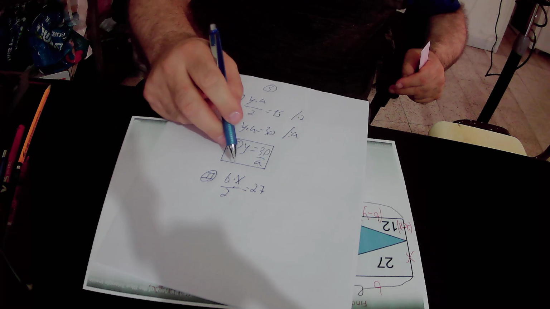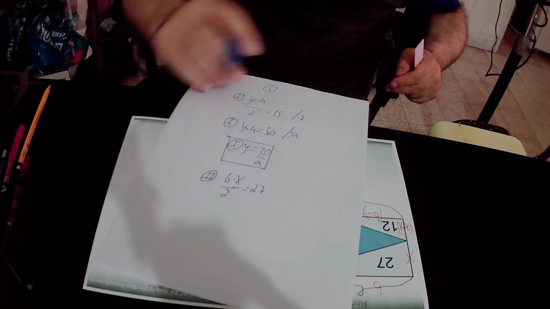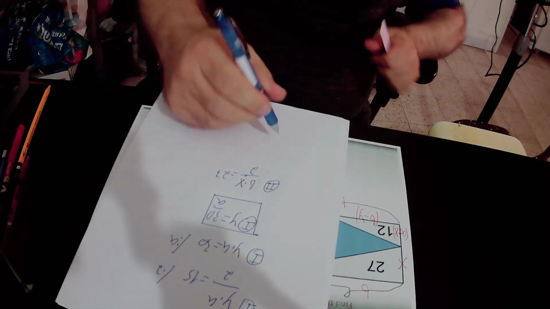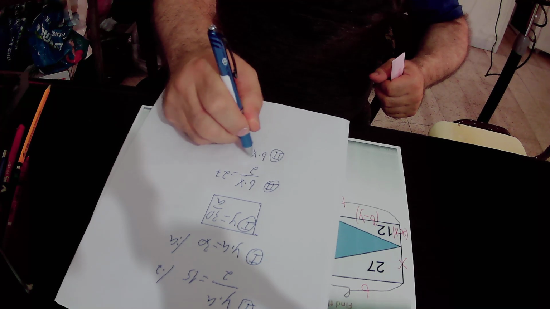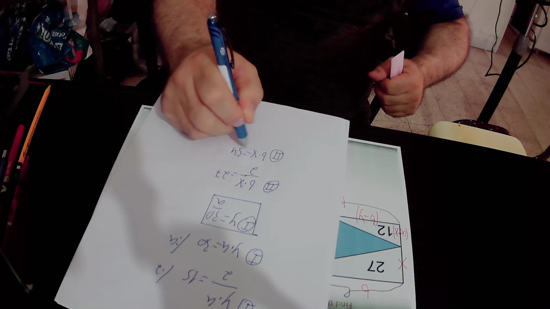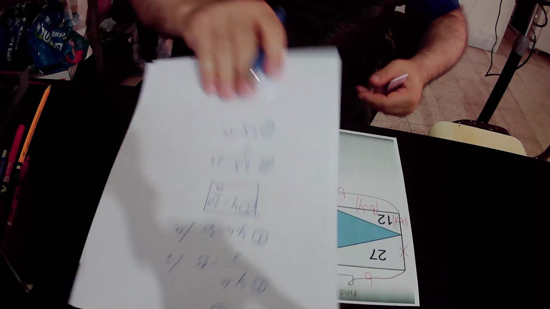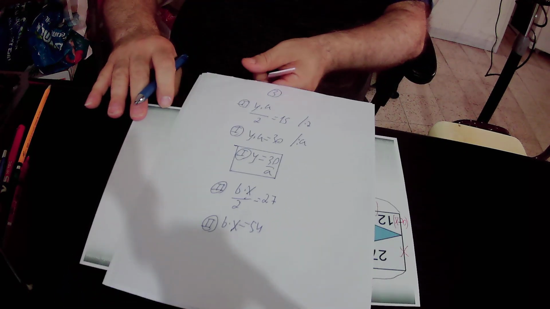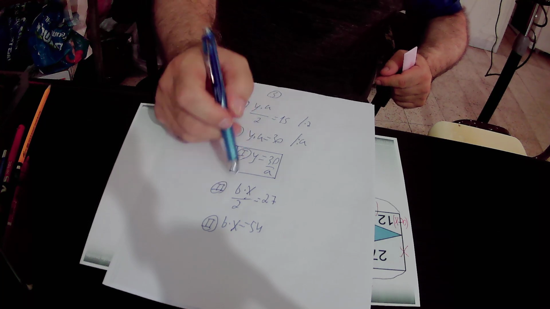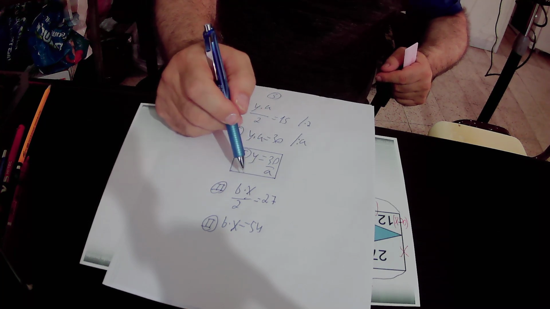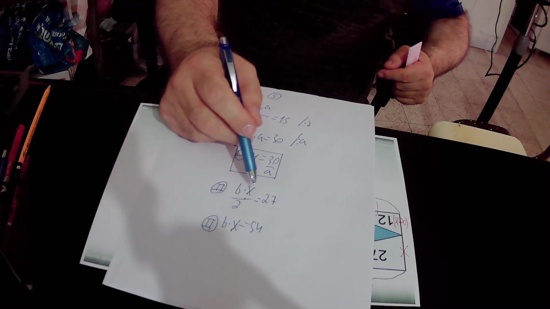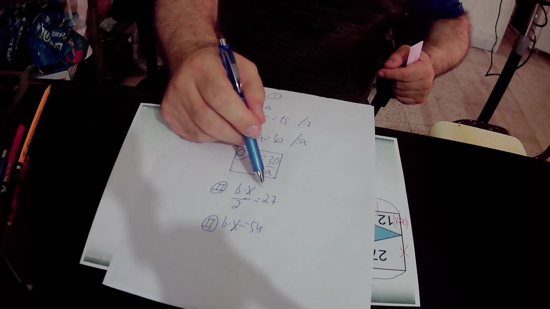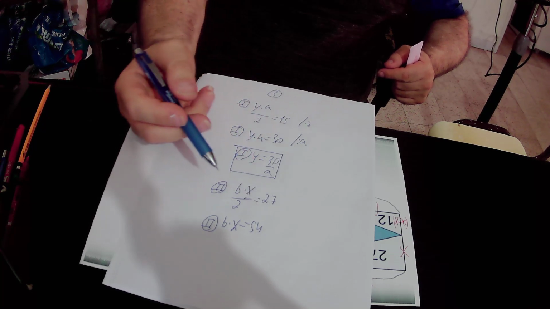Here we can multiply both sides of the equation by 2. We will get that b times x equals 54. Okay, b times x divided by 2 times 2 equals b times x, and 27 multiplied by 2 equals 54.